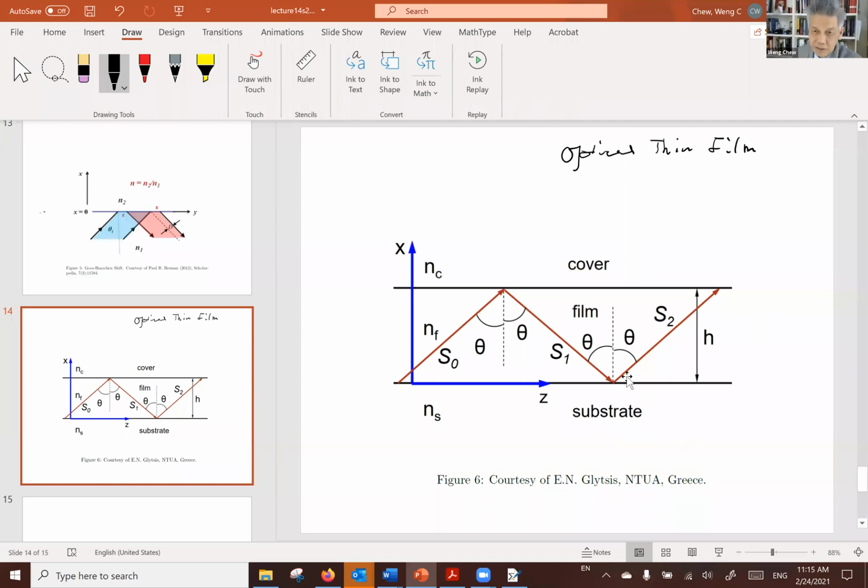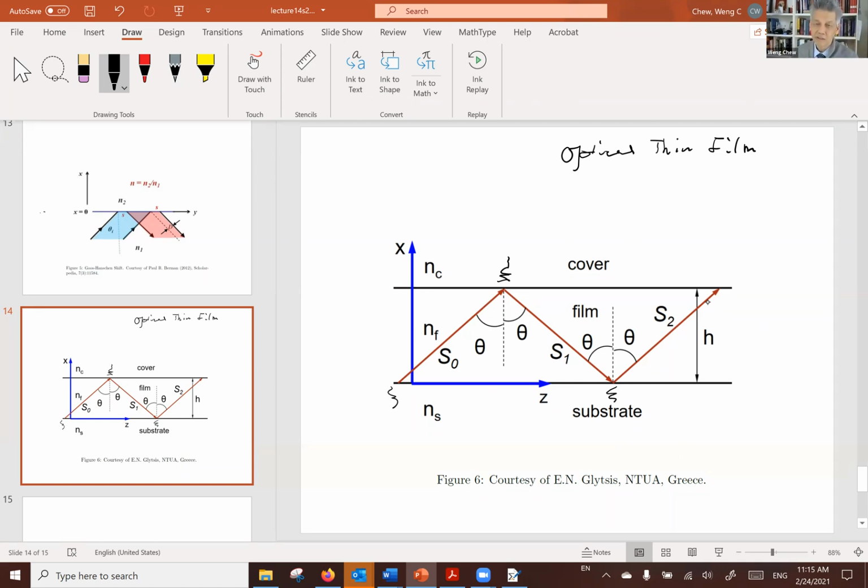And if you choose the material properly, so that total internal reflection occurs at the top interface as well as the bottom interface, the plane wave will just bounce back and forth. The plane wave will have its energy trapped inside the thin film with no loss of energy, because what you have is exponential decay.